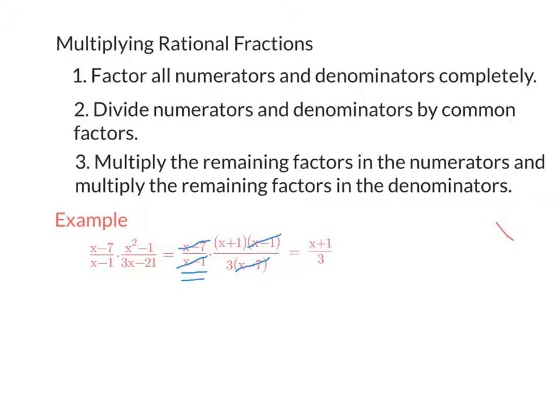X also cannot equal plus 7, because we had x minus 7 here. So even though we have simplified this expression, we still have the following restrictions: that x cannot equal plus 1, and similarly x cannot equal 7.